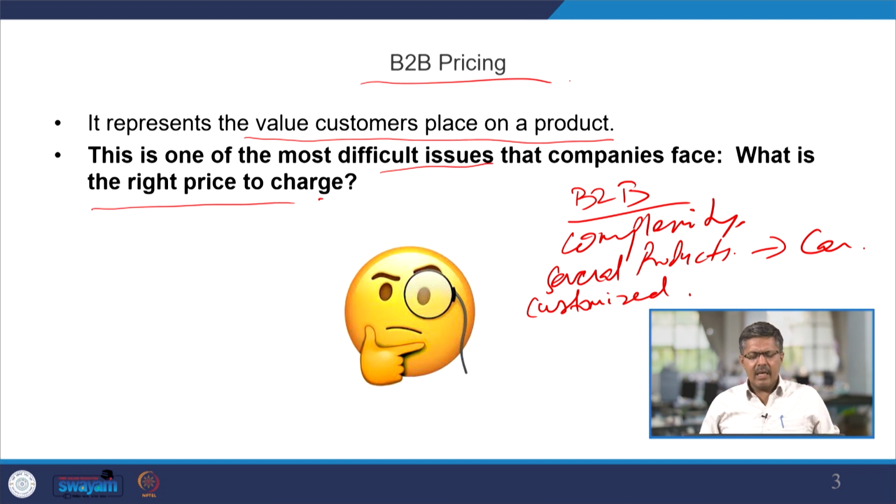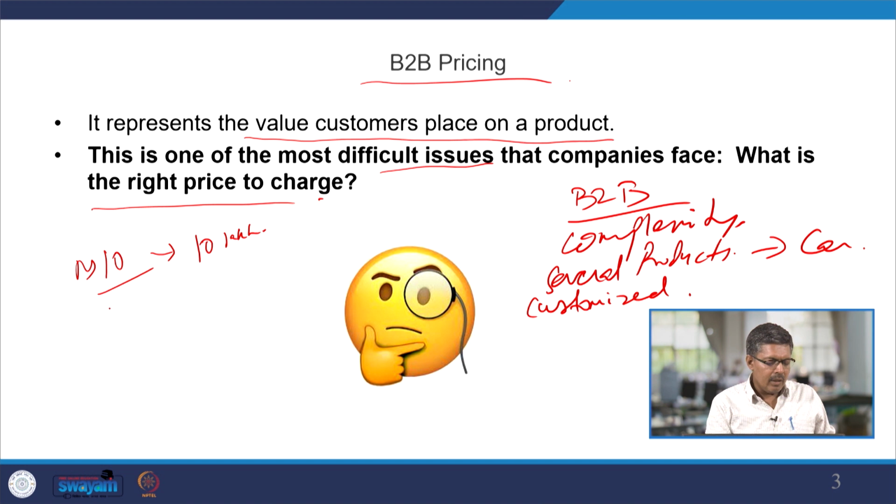You should understand that if the price of a product is, let us say, rupees 10, and we are selling 10 lakh units, the entire value comes out to 1 crore.